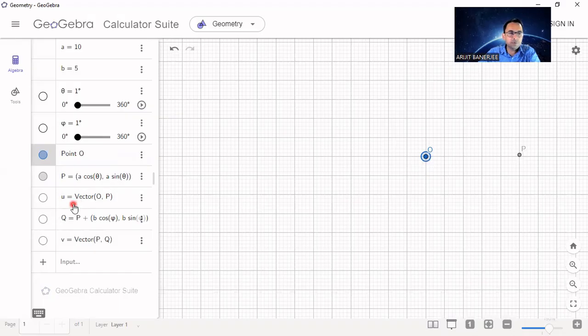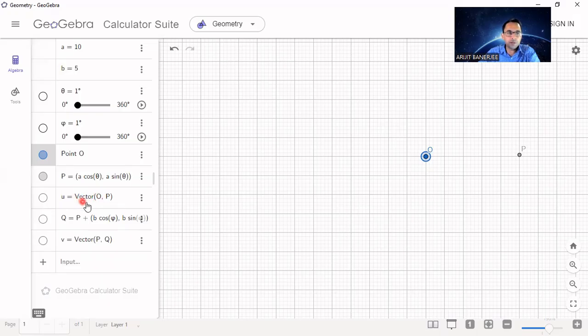Now I have defined the vector U. Now I will discuss this vector. So vector actually is a different command that I am using in this video. In the last video, I had used the segment command. Now so that you can learn a new function, I am using vector here.